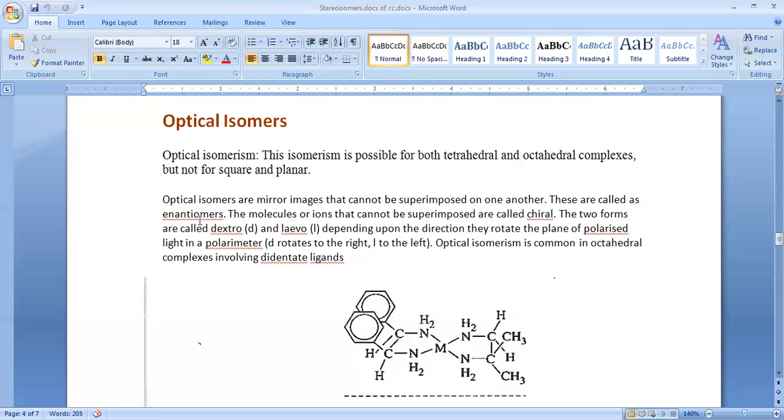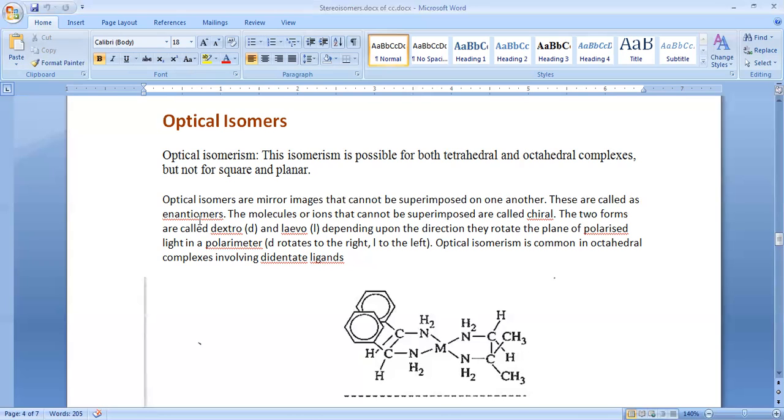If those optical isomers rotate PPL light in either direction, the basic criterion is that the molecule should have at least one chiral center. What is a chiral center? In organic chemistry, you have studied about the chiral center.